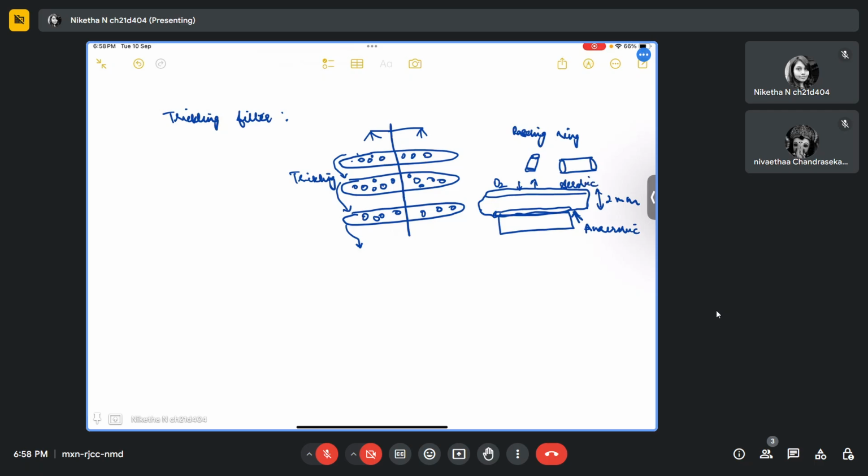Okay. So what happens when anaerobic conditions develop? Aerobic bacteria is going to die. So when the slime layer becomes very thick, the aerobic bacteria at the bottom will die, and the slime layer will get easily detached.